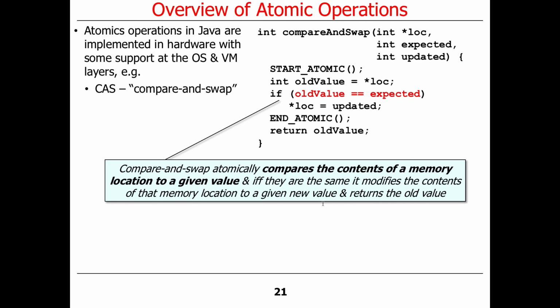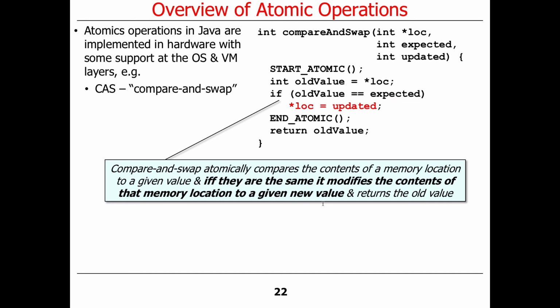So it then compares the contents of a memory location to a given value. As you can see here, we're going to get the old value, and then we're going to compare the old value at the memory location to the expected value. Expected is one of the parameters passed in here. So there's a comparison that's done.